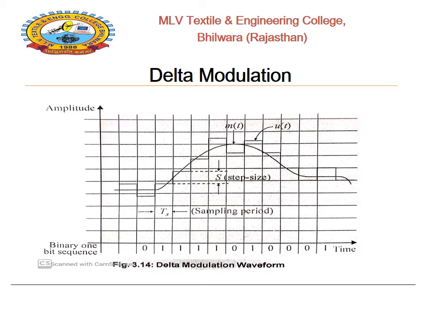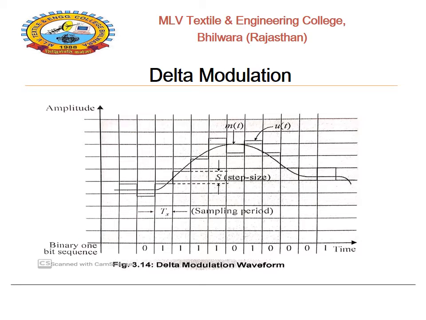If the difference is positive, then the approximated signal is increased by one step, that is plus s, whereas if the difference is negative, then it is reduced by one step, that is minus s. When the step size is increased, it is represented by 1 and a 1 bit is transmitted. If the step size is reduced, then 0 is transmitted.